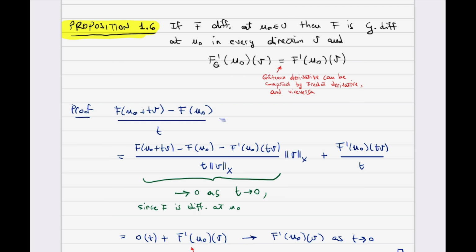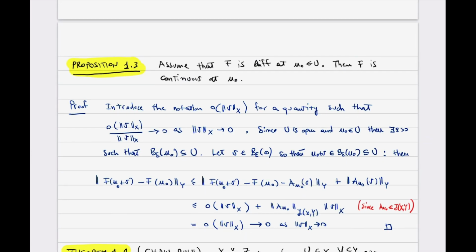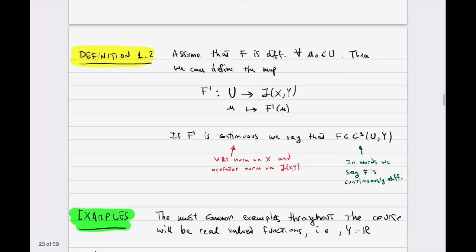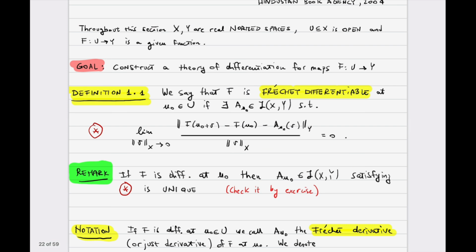Okay, this proposition is actually interesting because it's saying that, basically, for the Frechet derivative you need to guess what the Frechet derivative is and then check that this limit goes to 0, right? So you first guess the operator A at u0 and then you have to prove that this limit goes to 0.